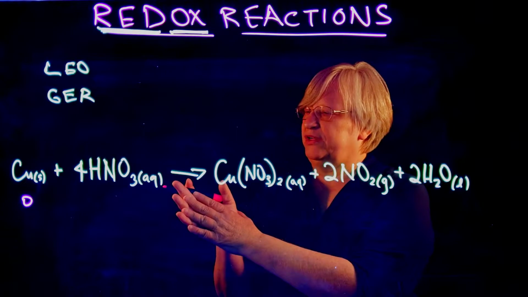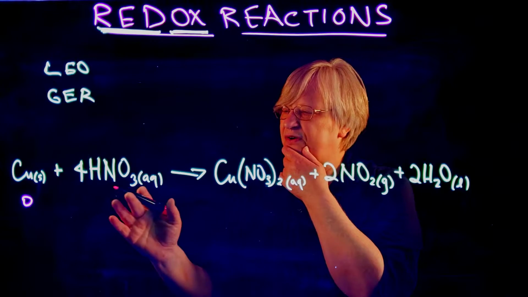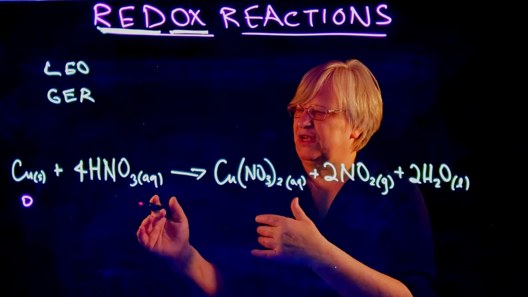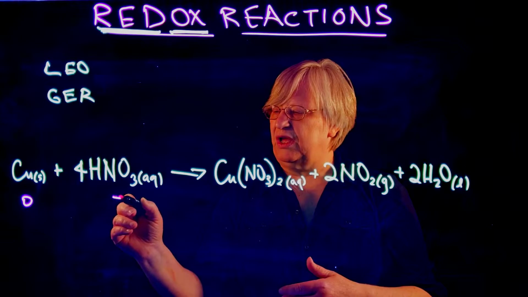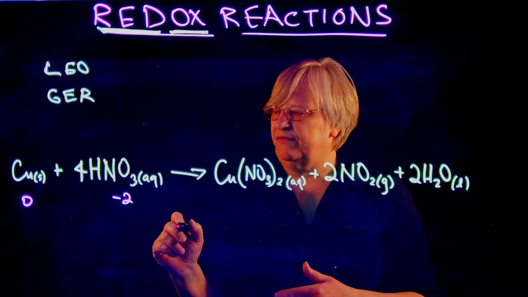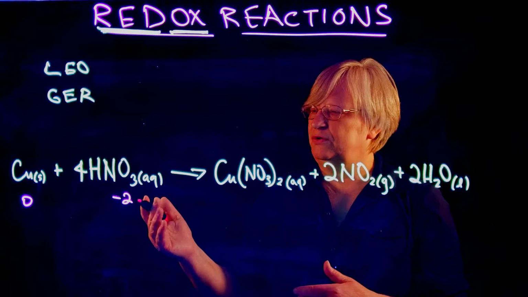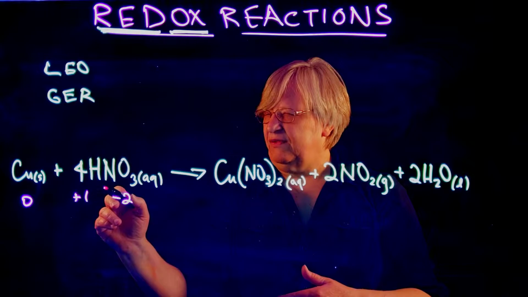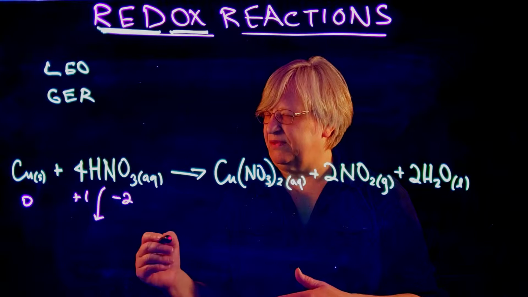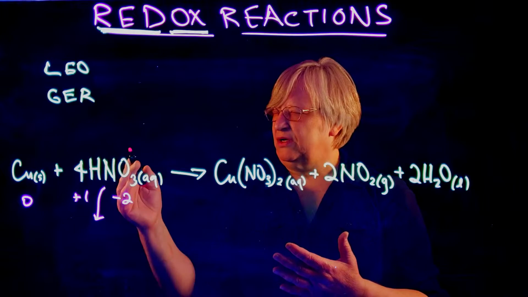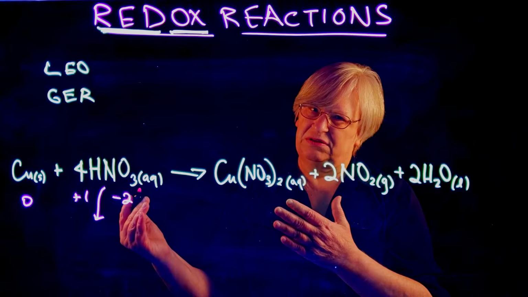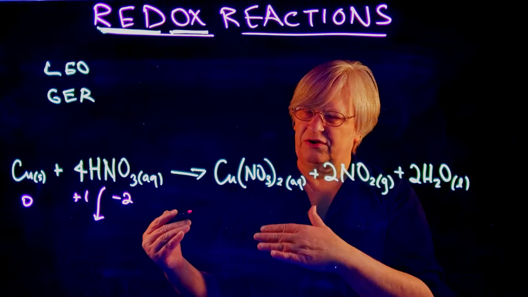Now we've got to go on to nitric acid and figure out what oxidation number we have for each of those elements. And we start out by doing the typical thing of assigning -2 to the oxygen, +1 to the hydrogen, and then the nitrogen in the middle has to make up the difference. What is it going to be? So we have 3 -2s. That would be -6, altogether.